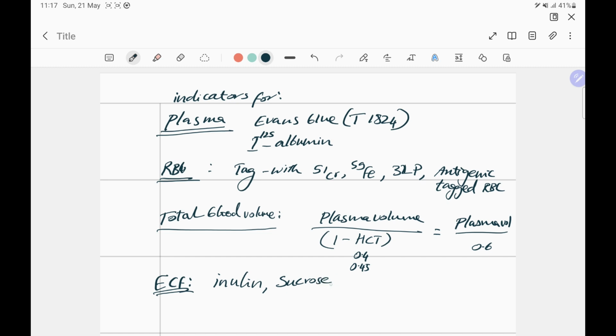Then we have something called sucrose. Sucrose is just common table sugar we use, okay? And then we have mannitol. This is again a polymer of sugars, of carbohydrates.